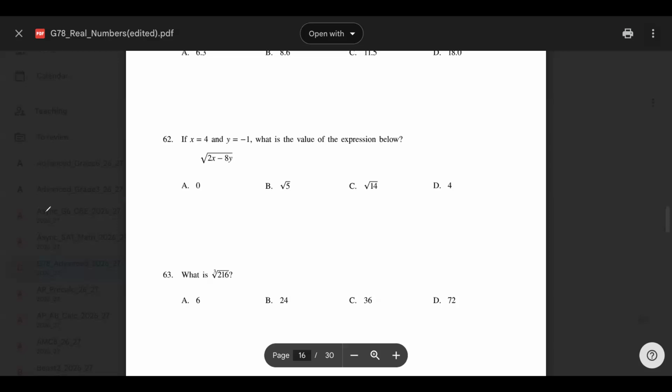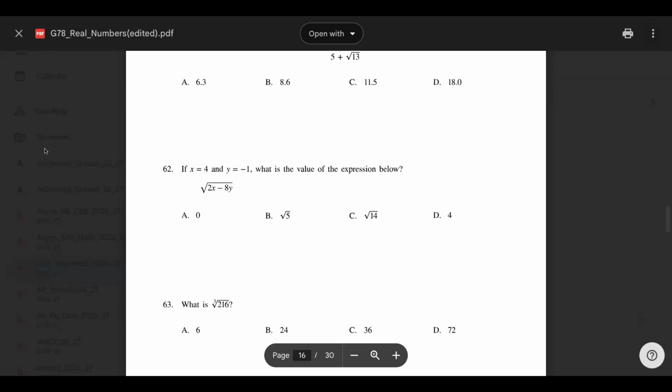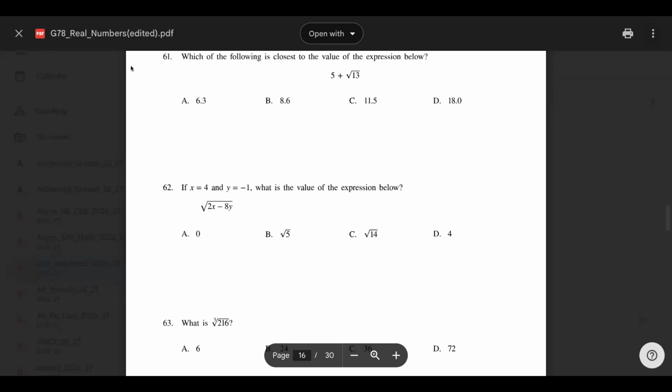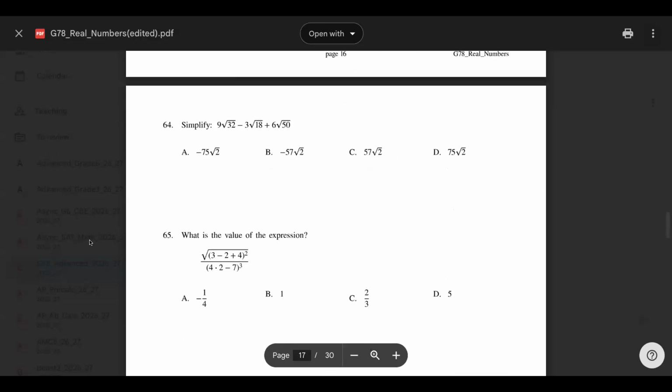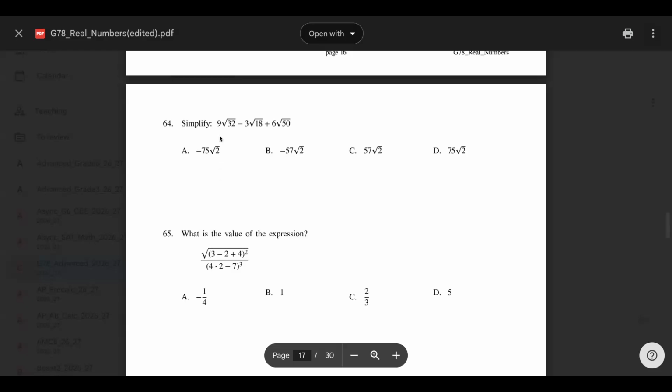Now, yet another thing that I want you to know is, let's do what we did. Do you know how to do this? Did we discuss this last week?